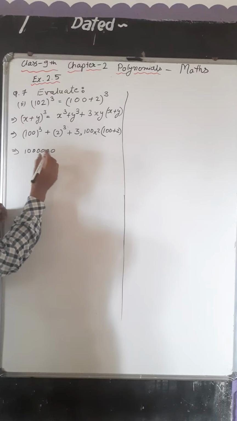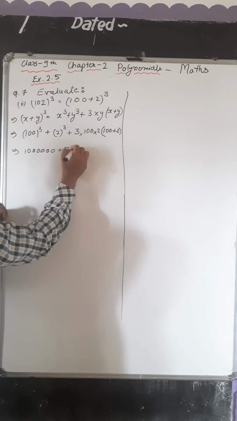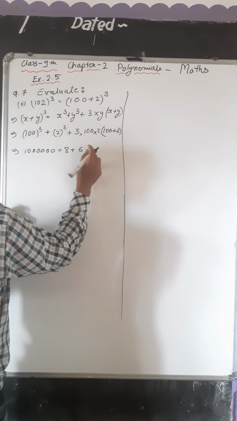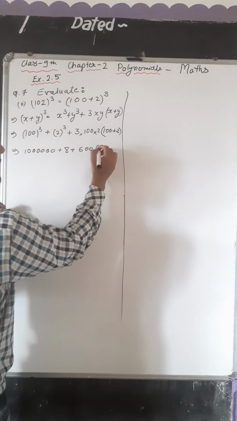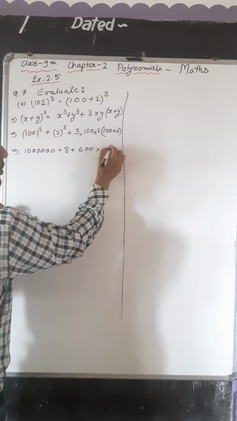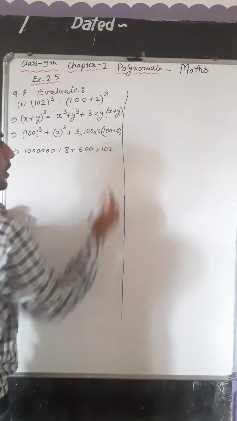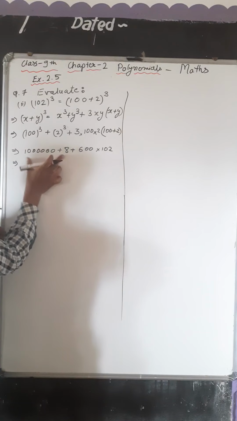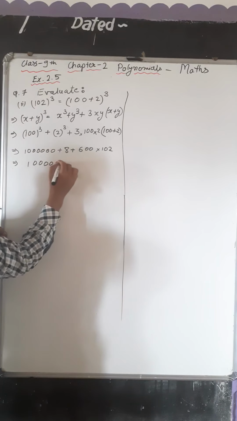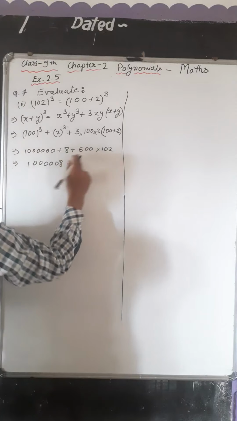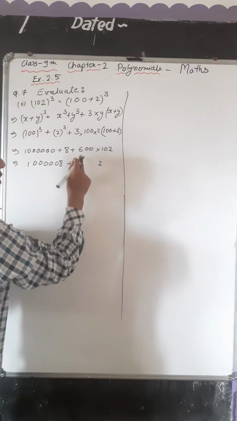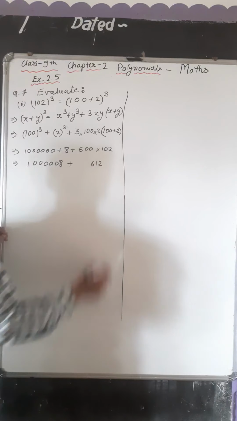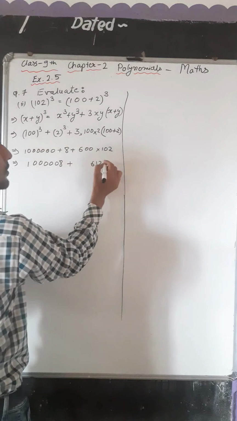Then 2 cube is 8. 3 twos are 6, into 100 is 600, and this will be 600 into 102. Add these first.